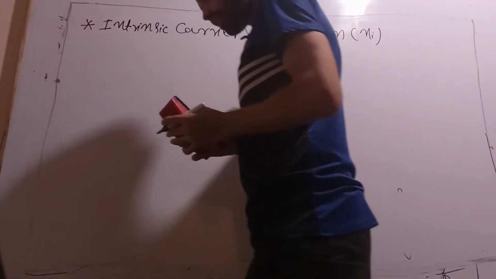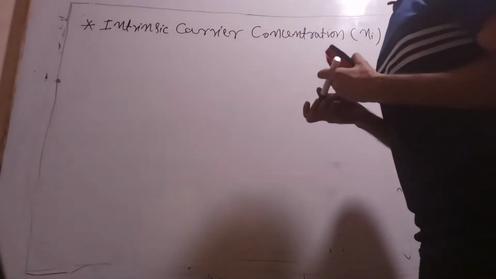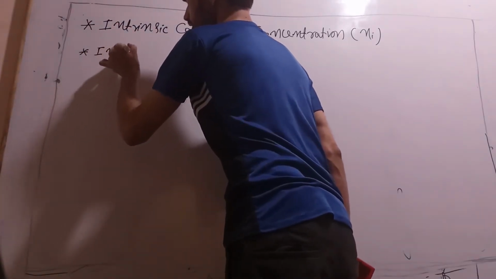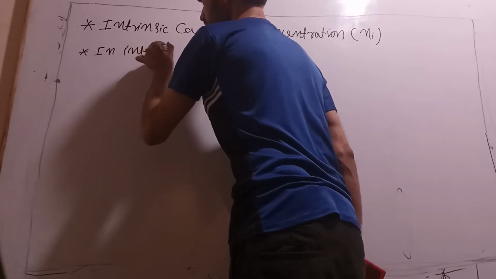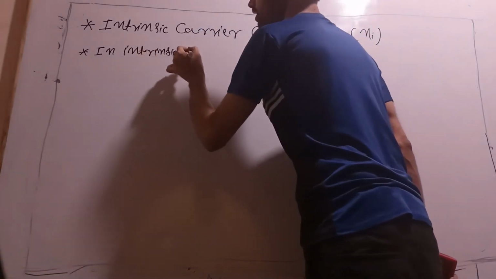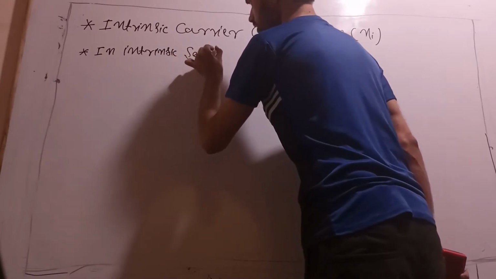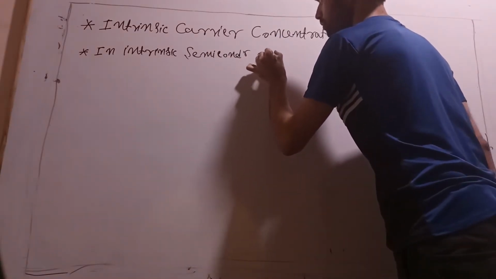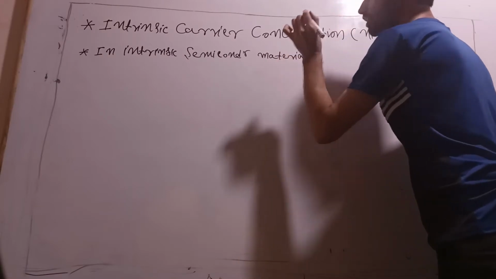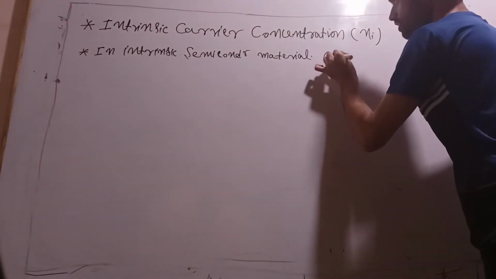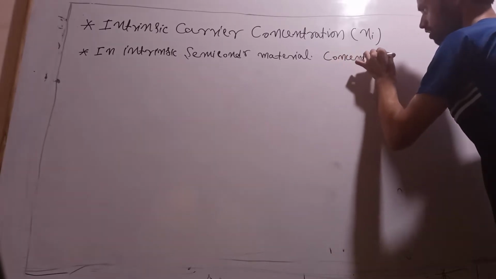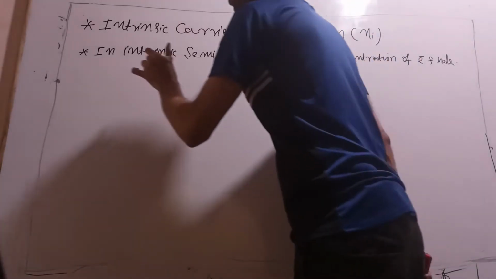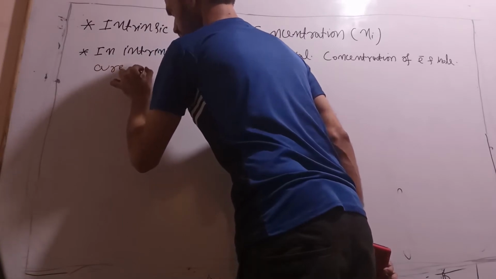In an intrinsic semiconductor material, the concentration of electron and hole are equal.